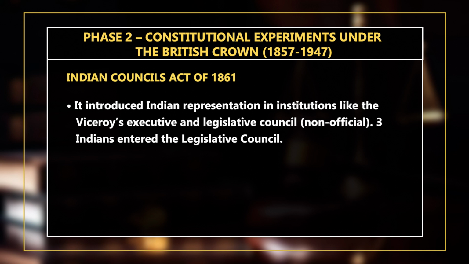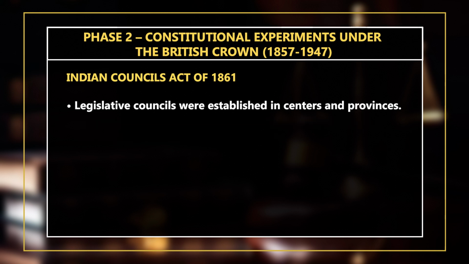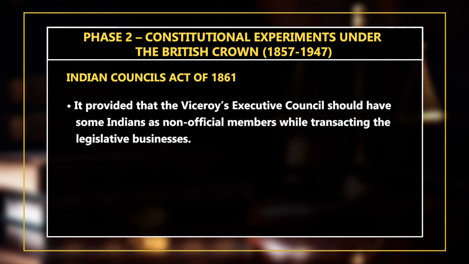Along with that, 3 Indians entered the Legislative Council. Legislative councils were established at the centre level as well as at the provincial level. It provided that the Viceroy's Executive Council should have some Indians as non-official members while transacting legislative business.